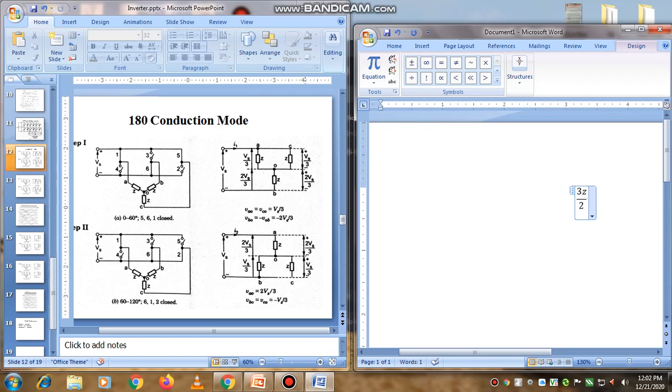This is the total impedance. Now what is the current flowing? Current equals Vs divided by this impedance.